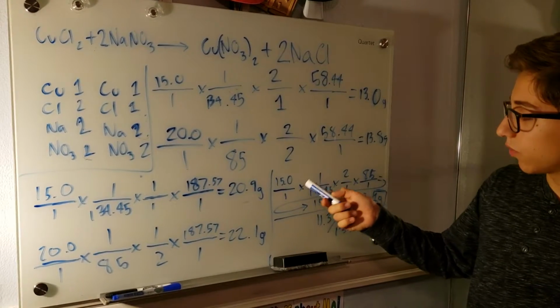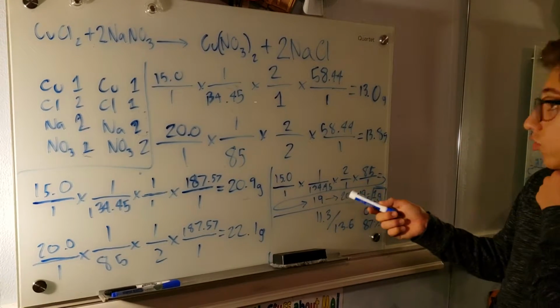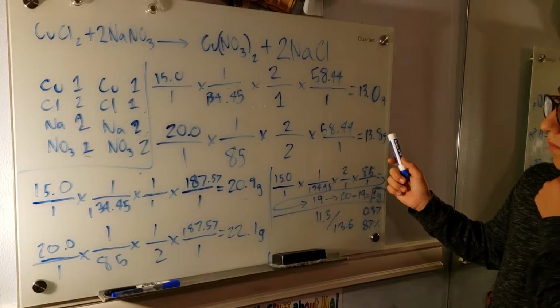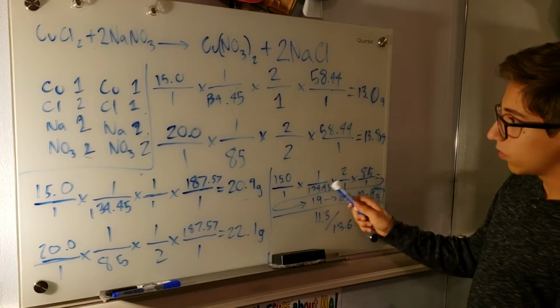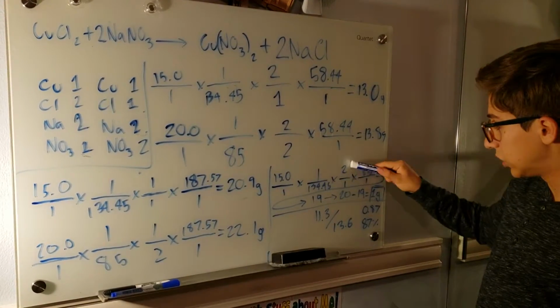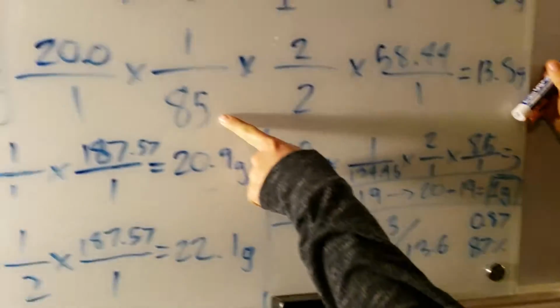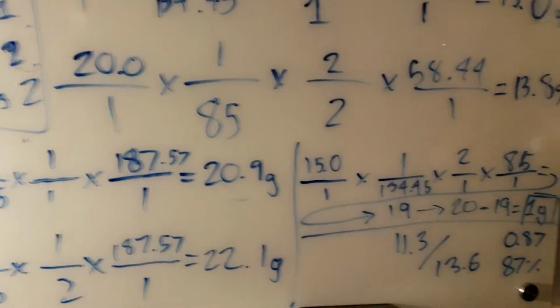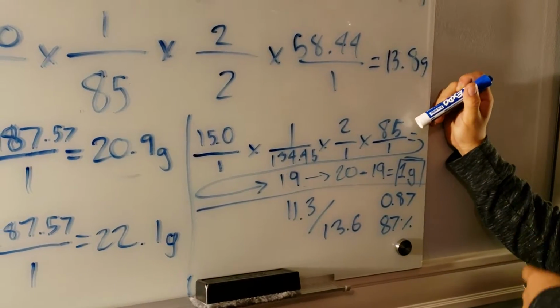So what we're going to do is use the same equation, but we're going to use copper chloride here, which was our limiting reagent, and we're doing this to sodium nitrate. So we have this ratio, and then 85 here, you might recognize it from over here, is the molar mass of sodium nitrate.